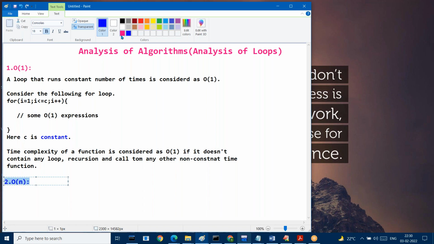What about order of n? When will you say that a function or a loop has the complexity of order of n?